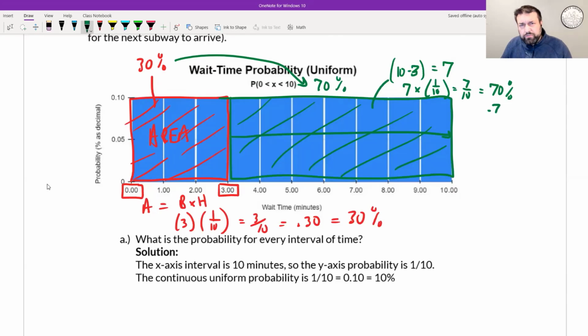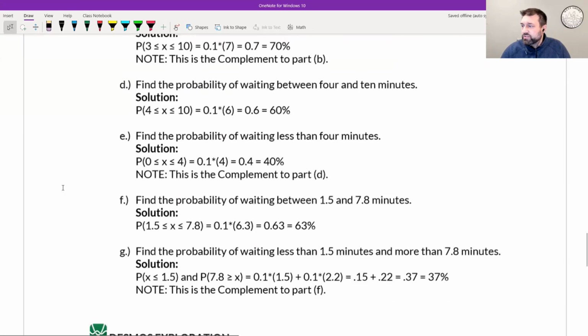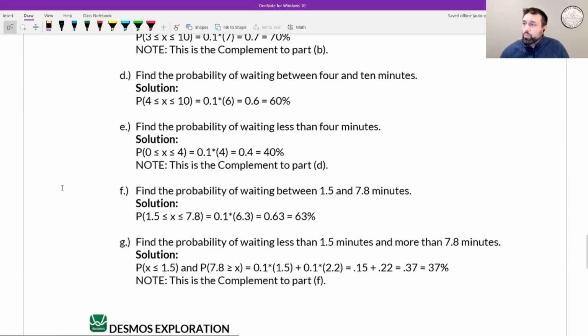And so there are all sorts of little tricks that you can use, like using the complement, or a composition of shapes, subtracting shapes or adding shapes together in order to find all of these different areas. But the bottom line is that when they ask you for a probability, you're actually finding an area. And in this section, the areas that we're looking for are rectangles.